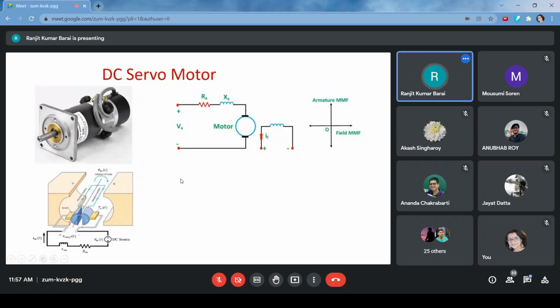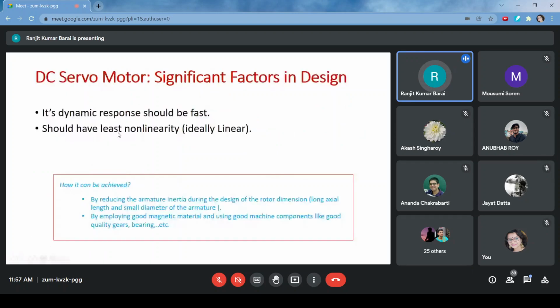Okay. So I have already explained the dynamic response. We have to keep the inertia small, so its axial length should be large and its diameter small. And we should keep the magnetic property linear. For that, if you use commonly available magnetic material like CRGO, your attempt should be to keep the flux density smaller.